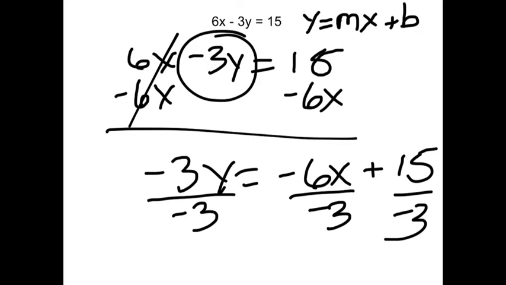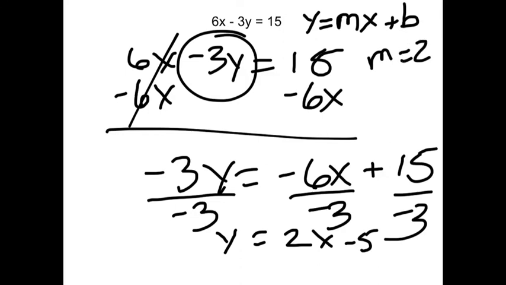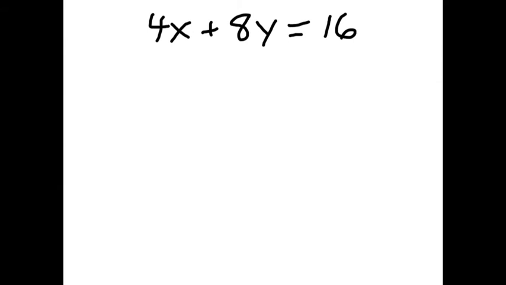So when I divide everything by negative 3, I get y equals 2x minus 5. So that then tells me that my slope is 2. It's positive because negative divided by a negative is a positive, and my y-intercept is negative 5, which means I would start at 0, negative 5, and I would go up 2 and to the right 1 to graph my line.